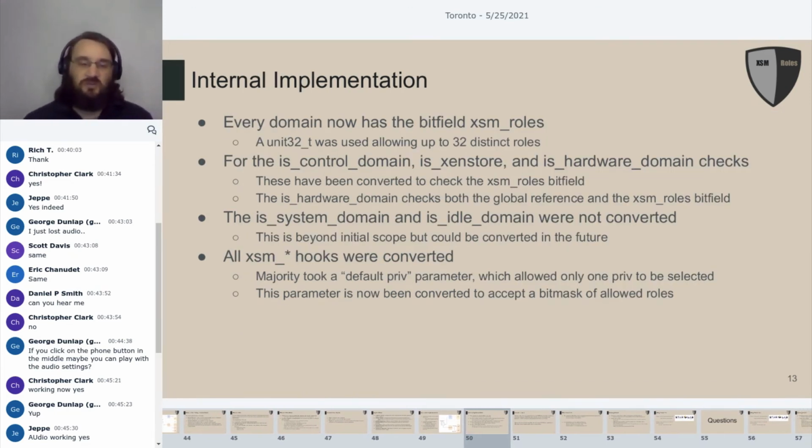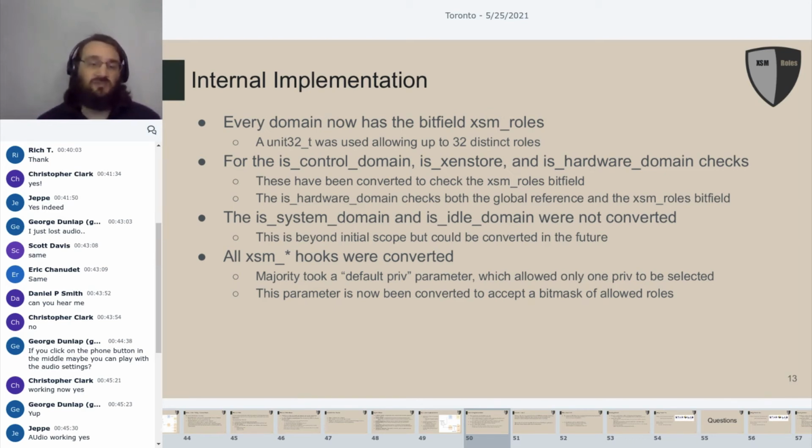So from an internal implementation standpoint, the way XSM roles works is that we assigned a uint32 to the domain structure called XSM_roles. It allows us to have 32 distinct roles available within the system. I don't think we'll ever need that many, since it's far more than what we have today, but at least it leaves it open for growth if need be.